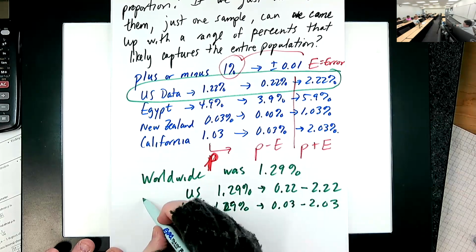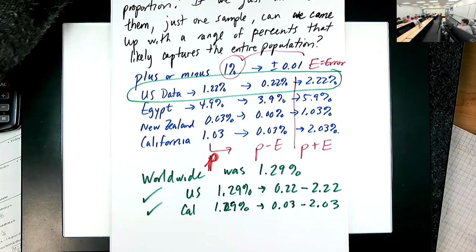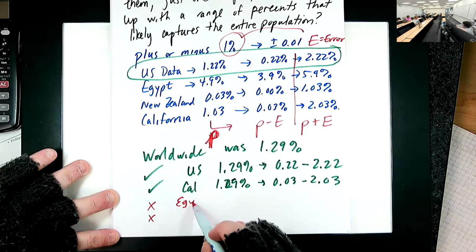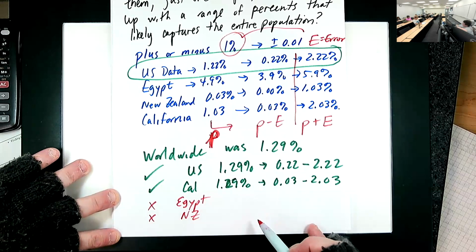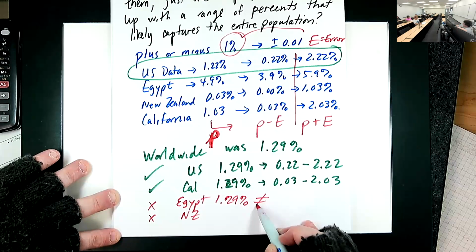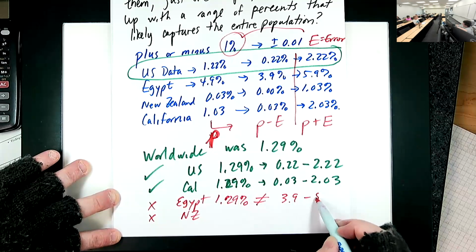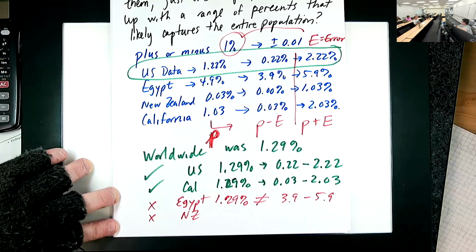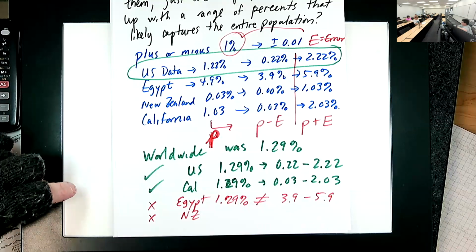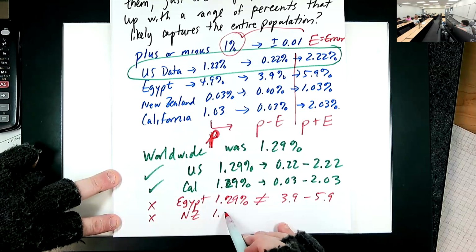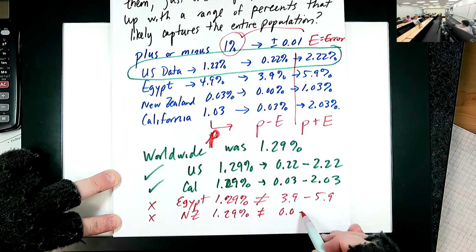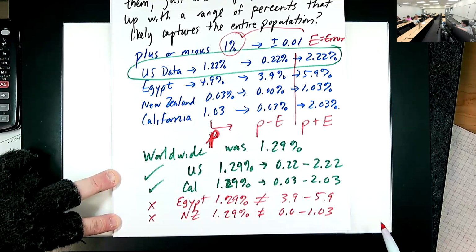It worked for both of these. It failed on Egypt and New Zealand. 1.29 is not in between 3.9 and 5.9. If you think of it as money, $3.90 to $5.90, $1.29 is a lot less. New Zealand also does not capture the 1.29. It got close. It went from 0.0 to 1.03, but it didn't go quite high enough. It didn't capture it either.